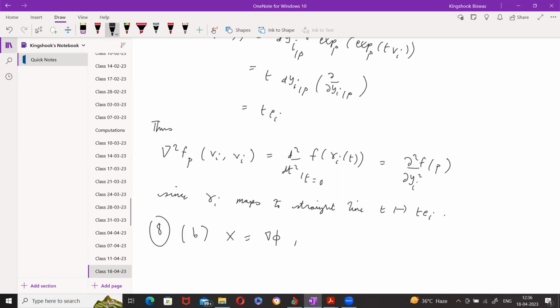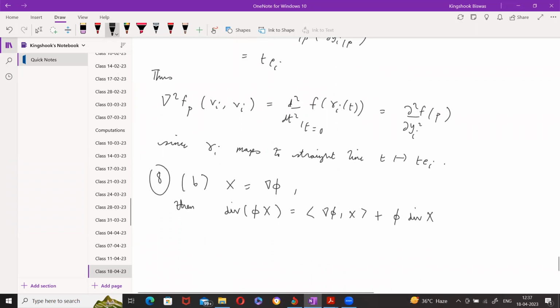Then the divergence of phi X is the inner product of grad phi and X, plus phi divergence of X. So what does this become?